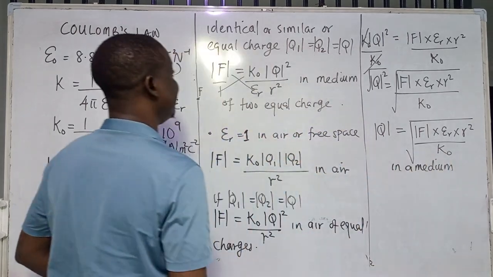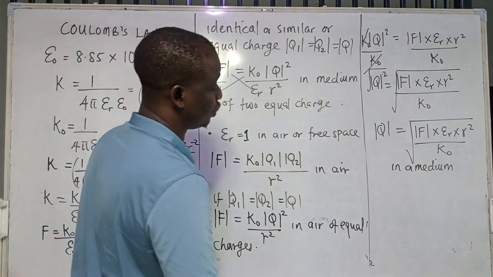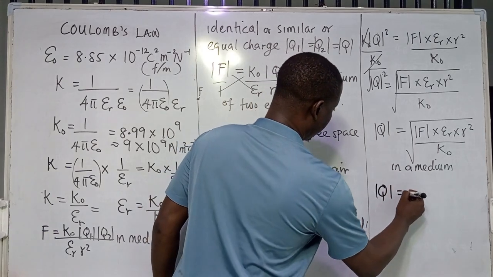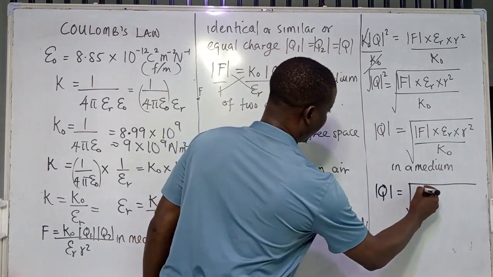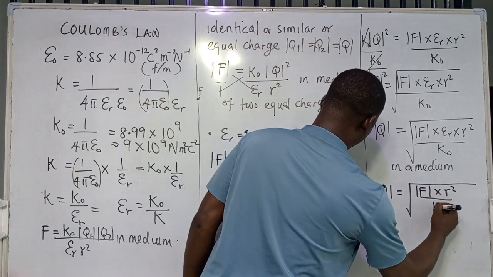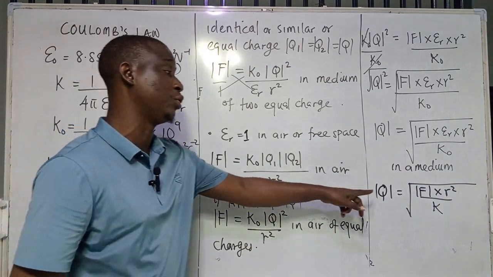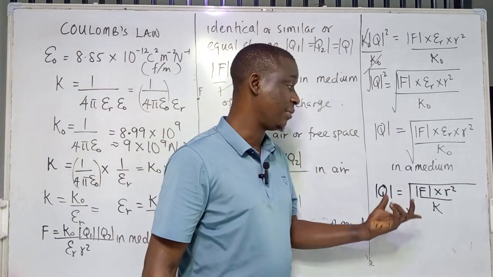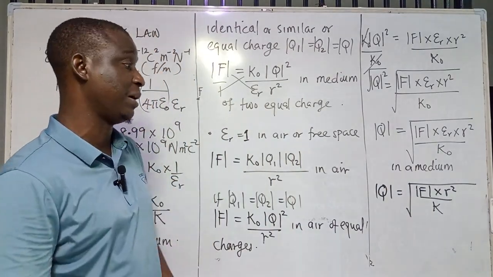What about in air? How will that one reduce? It will now become, because epsilon r will now be 1, the absolute of force times r squared divided by K naught. Why are we taking the absolute? Because if they give you a negative force, maybe minus 40, you can also turn it to plus, because we are considering only the magnitude.